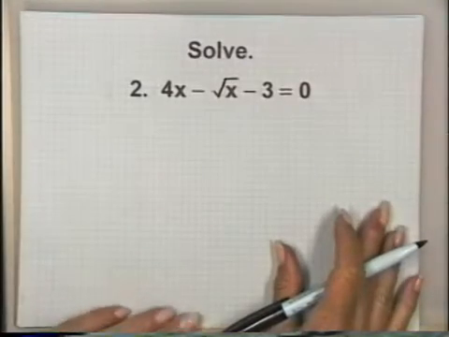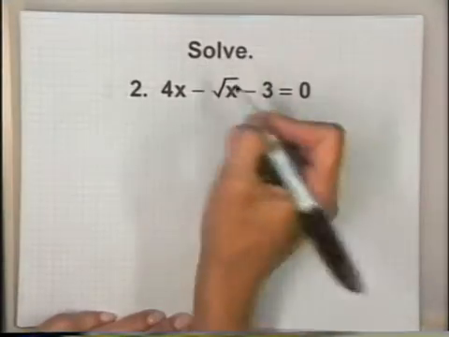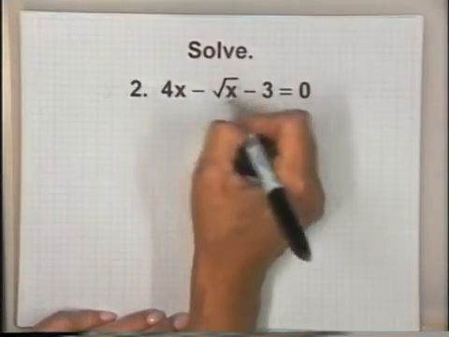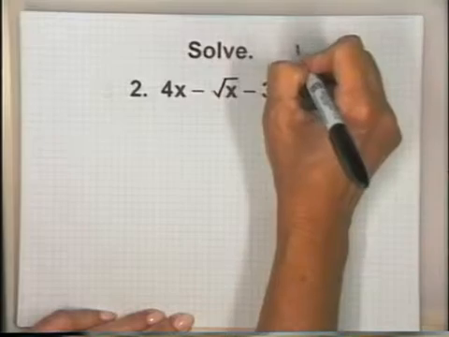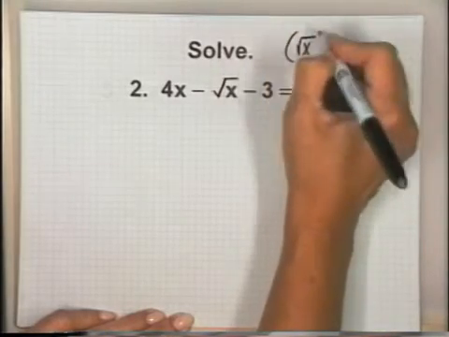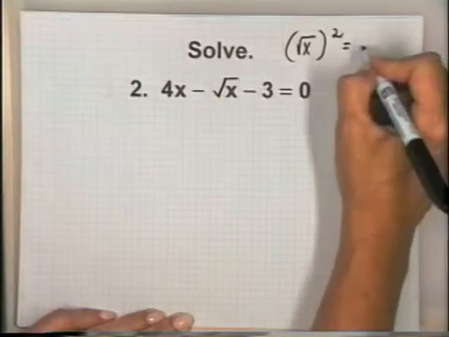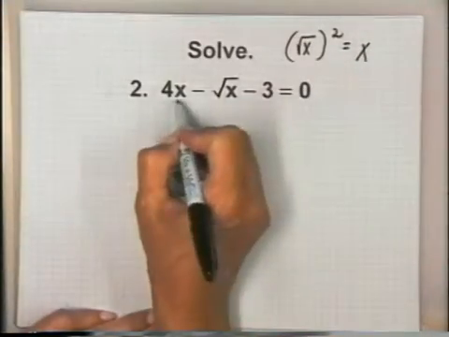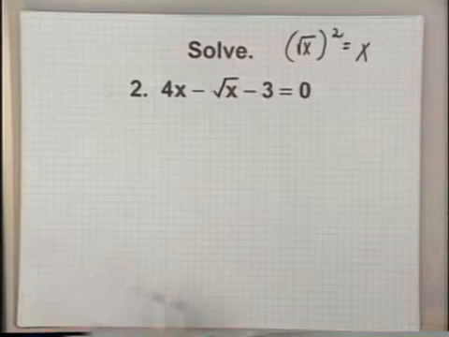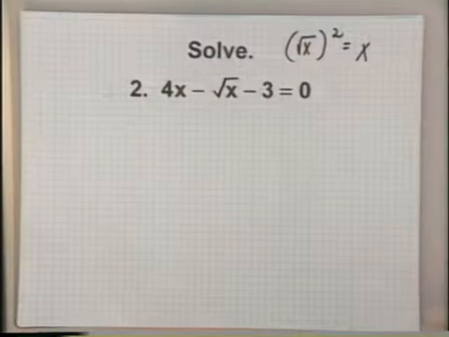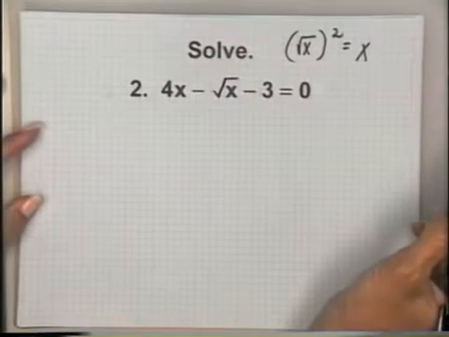For quadratic form, of course, it is set equal to 0, but let's take the variable part of this middle term and square it. And of course, the square root of x squared gives us x, and that is the variable part of the first term, so it is an equation in quadratic form.